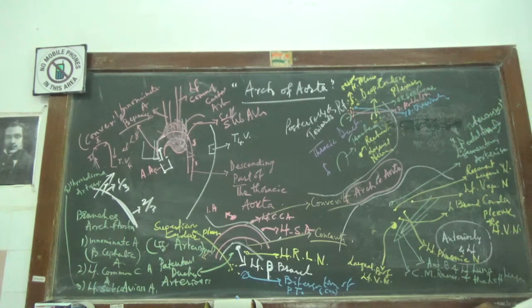Then you have the inferior concavity. So these are the things you have to remember in the arch of aorta. The arch of aorta is specially asked for 5 marks. With this I will complete my talk on arch of aorta.